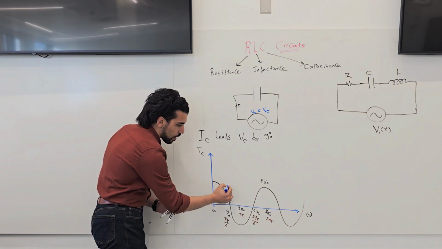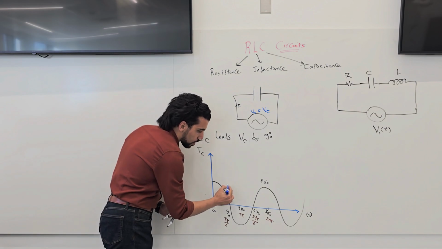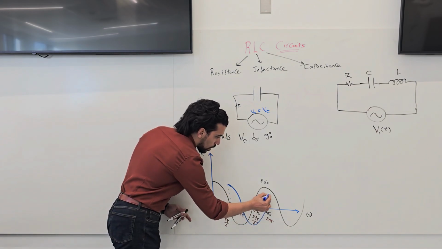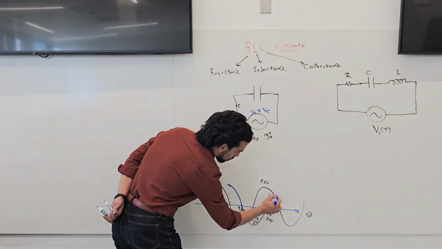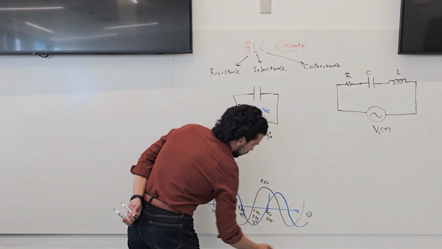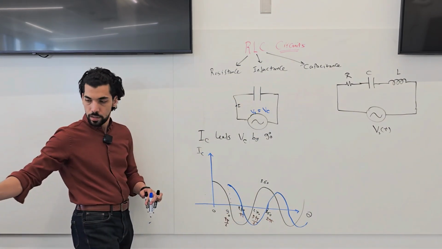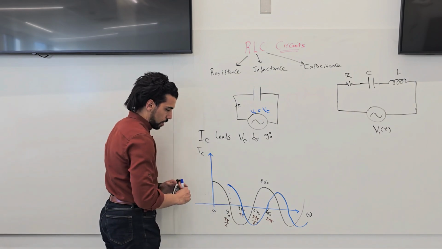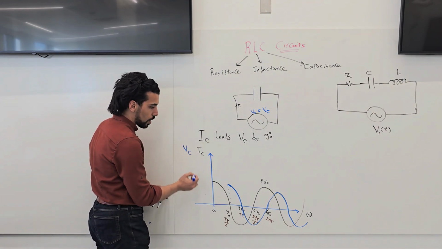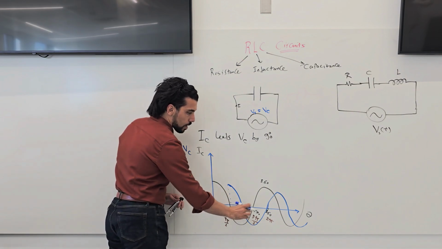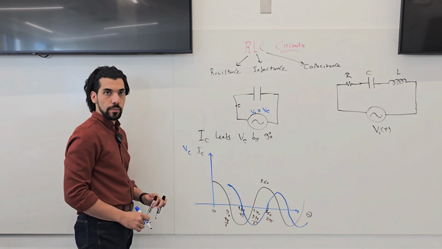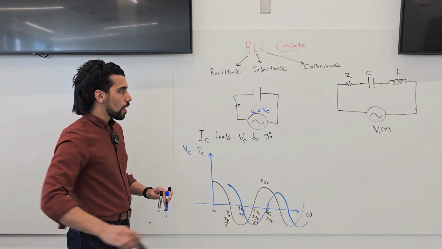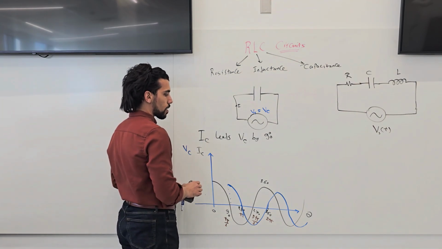The voltage starts here and starts basically to come. So the current comes first, then the voltage VC comes next after 90 degrees. Okay? So this is the case of the capacitor itself.